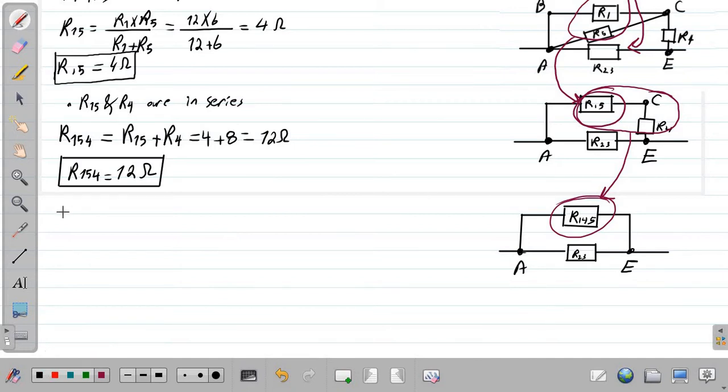So آخر step, R145 and R23 are in parallel.